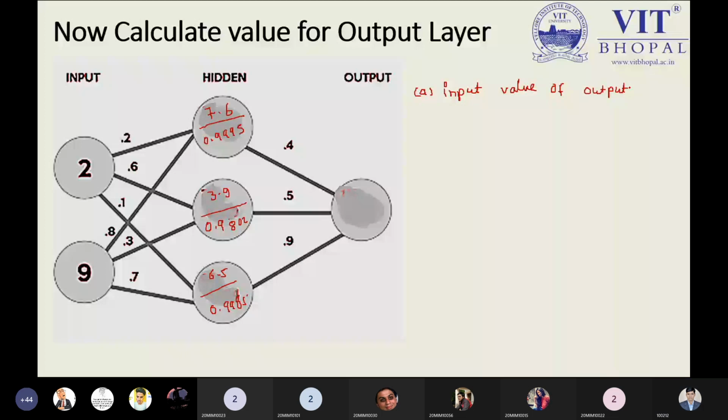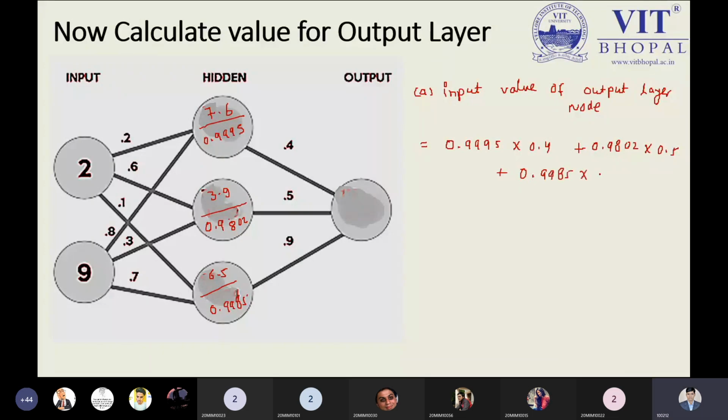The calculation is 0.995 multiplied by 0.4, plus 0.9802 multiplied by 0.5, plus 0.9985 multiplied by 0.9.